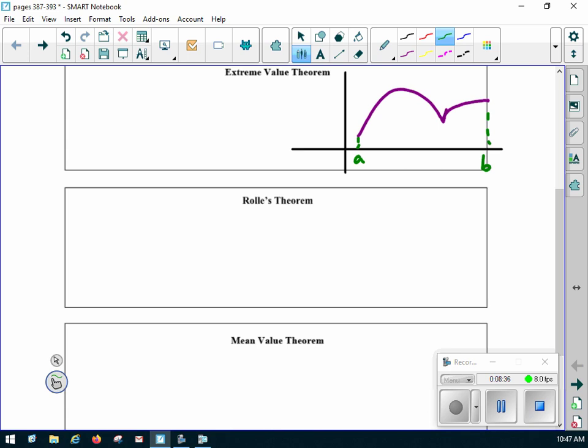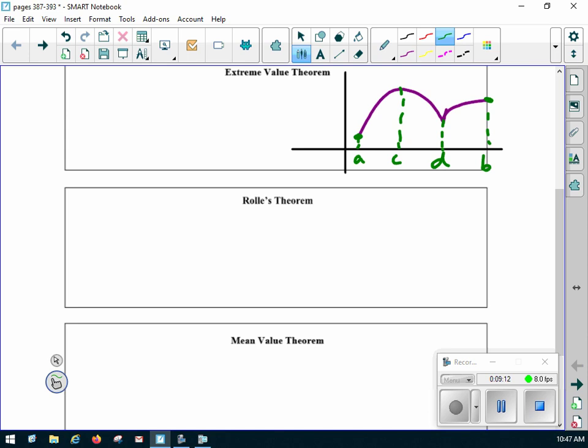So we know that there's a highest point and a lowest point, and those can occur either at an endpoint or anywhere where the derivative is 0 or undefined, which could be right here or right here. Those are your only choices. Now, in this particular case, where's your absolute minimum? It's at A. Where's your absolute maximum? It's at C. But just remember, at an endpoint or at a critical number.